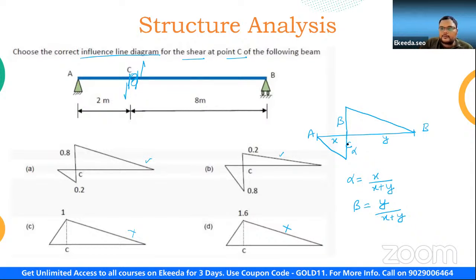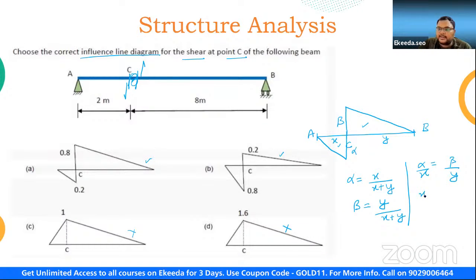You can get it from the property of similar triangles also. See, very simple. If we apply the property of similar triangles in this triangle and this triangle, then alpha by x is equal to beta by y.